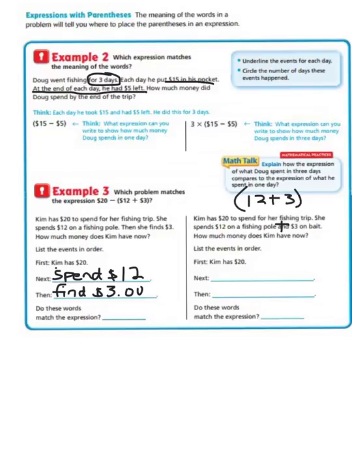How much money does Kim have now? So first, Kim has $20. Next, she spends $12. Then she spends $3.